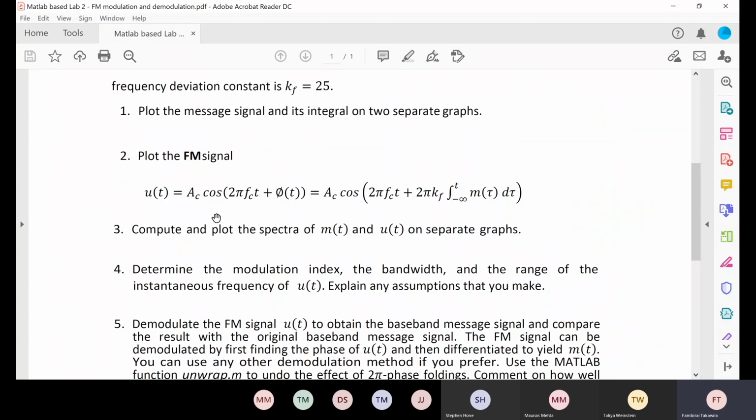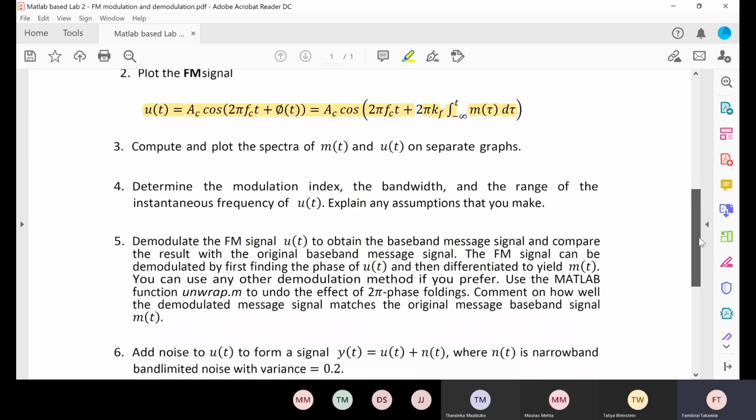And if you want to plot this signal, you can plot it using the MATLAB FM modulator object, or you can calculate this phase term, this second term here, embed it in this, and then simply plot that. Whichever way you do it, it's really up to you.